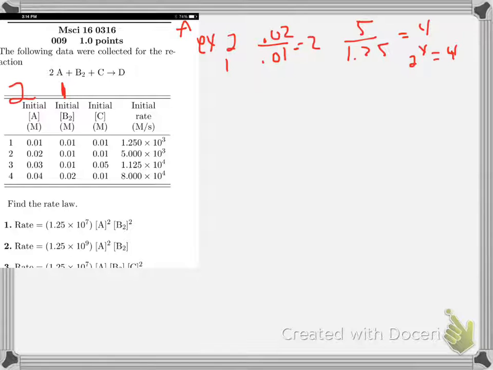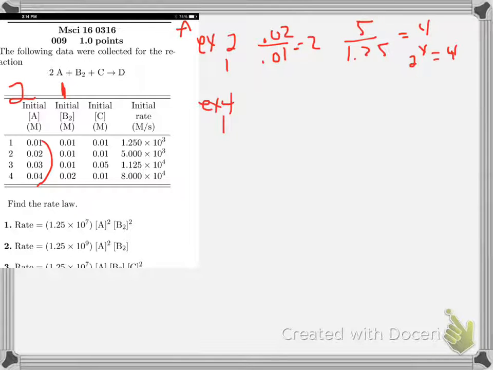So now I have to look at what happens with B. I cannot keep A constant. A varies in all the experiments. So I need to find a case where I am doubling B, but C is remaining the same. There's a couple of options there, but I'm going to use experiment 4 and experiment 1.